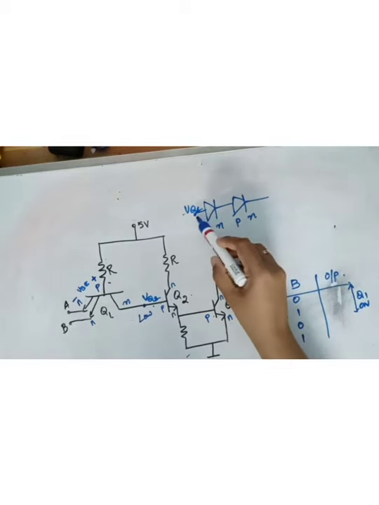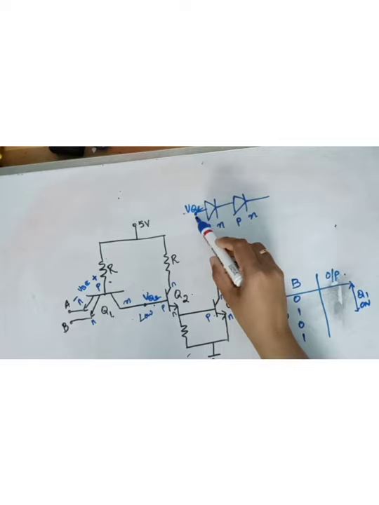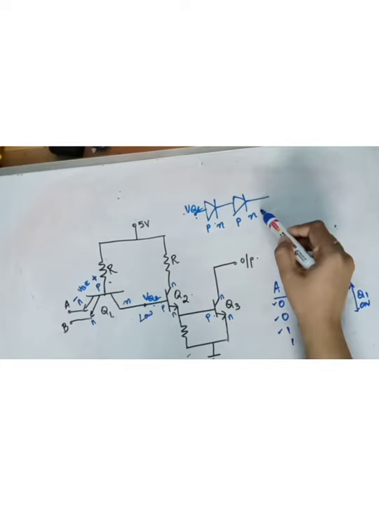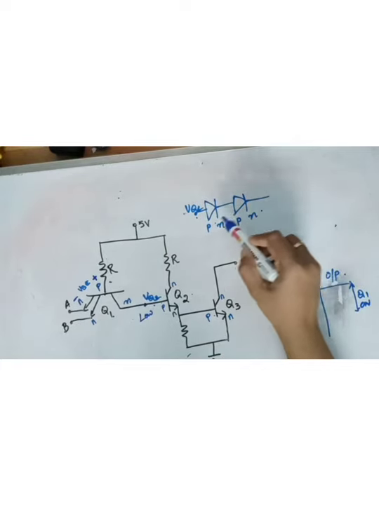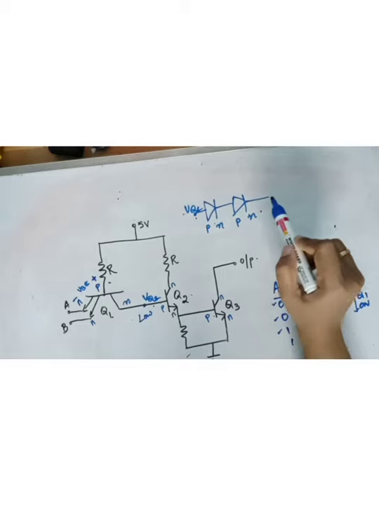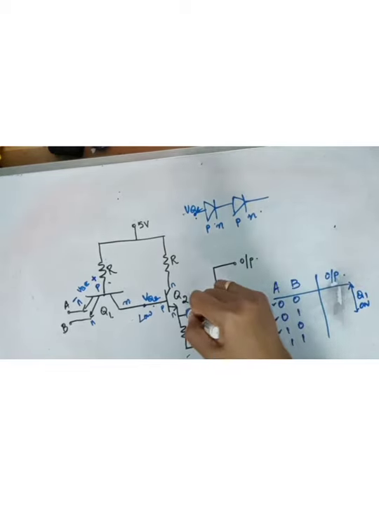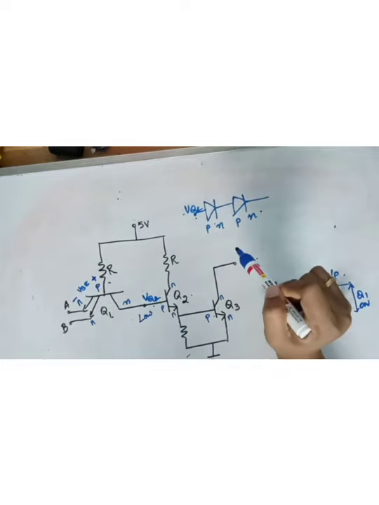So VQ2 should be sufficiently high so that both the base emitters of Q2 and Q3 are on. Then only Q2 and Q3 are on.